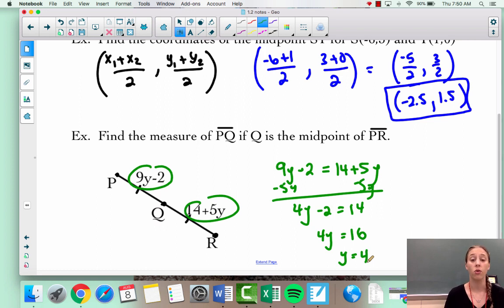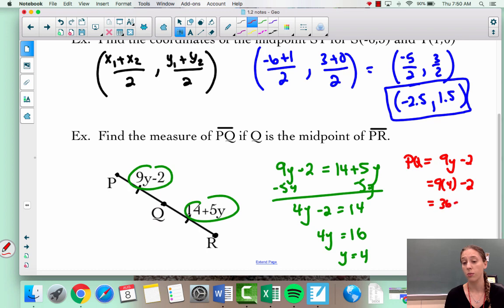They wanted the length or the measure of PQ. So I just got to plug y back into my equation, and we'd say that PQ is equal to 9y minus 2. So that gets us 9 times 4. And then we could just simplify. So 36 minus 2, that means PQ's length is 34. And then if it had units, you'd obviously want to include the units as well. So 34 is our actual final answer, and then we'd be finished.